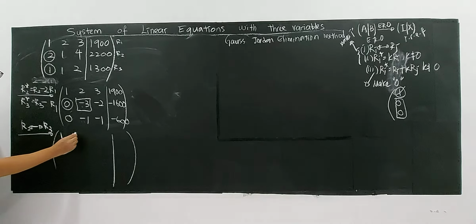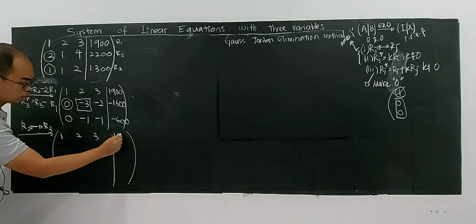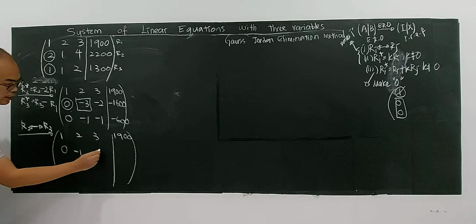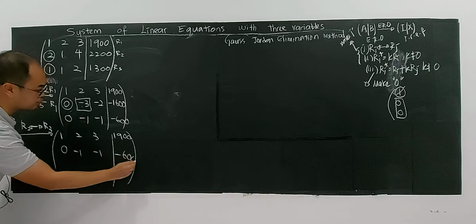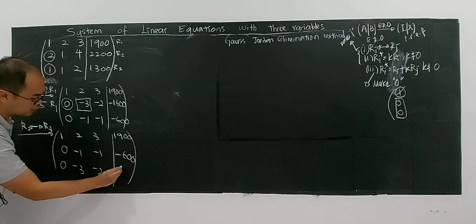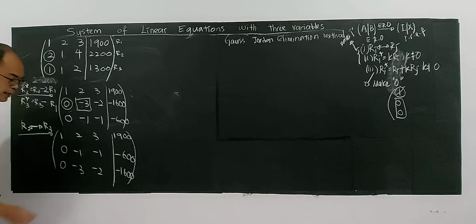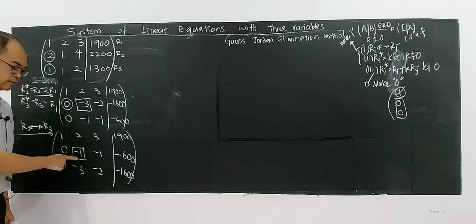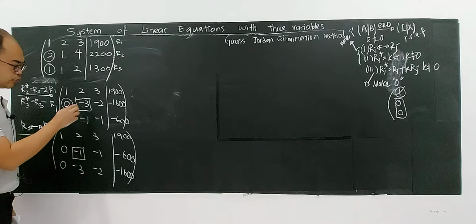Okay, we decide later whether it is helpful. So 0, -1, -1, -600. And this will be 0, -3, -2, -1600. But this is not 1 yet, right? It's -1, right? So now you have used interchanging rows.